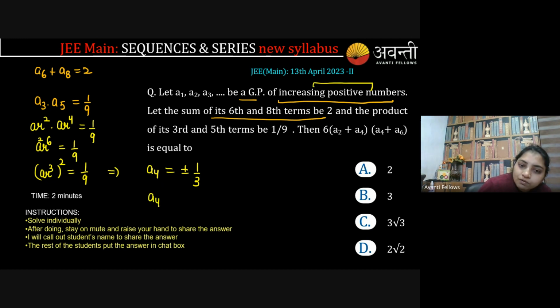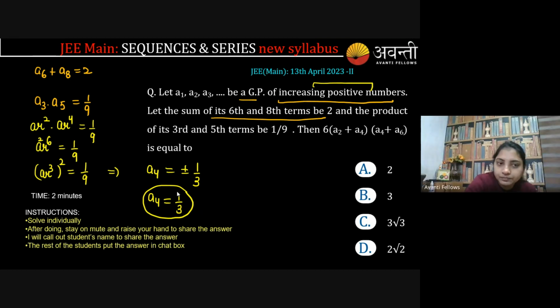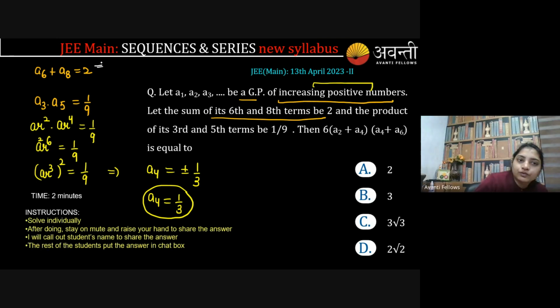So the fourth term of this GP is 1 upon 3. Agree everyone? Yes, ma'am. Any doubt? No, ma'am. Let's move to this.